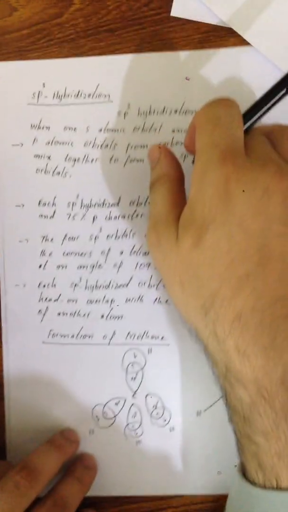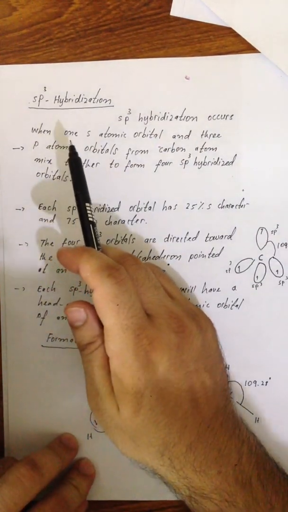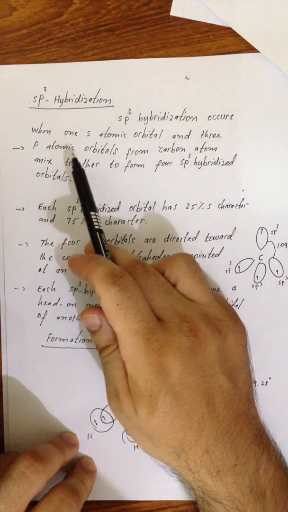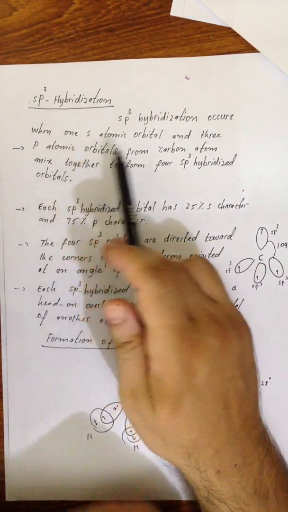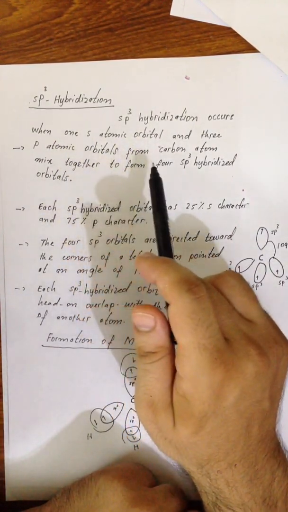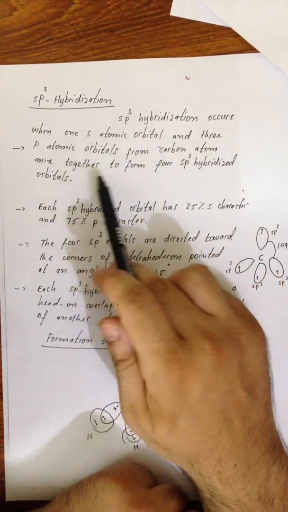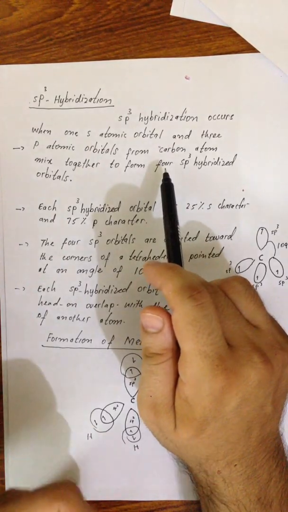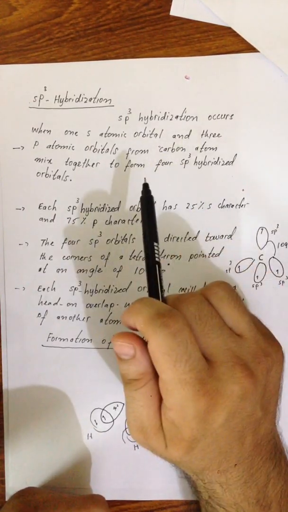So we have the sp3 hybridization here. Sp3 hybridization occurs when one s atomic orbital and three p atomic orbitals from carbon atom mix together to form four sp3 hybridized orbitals.